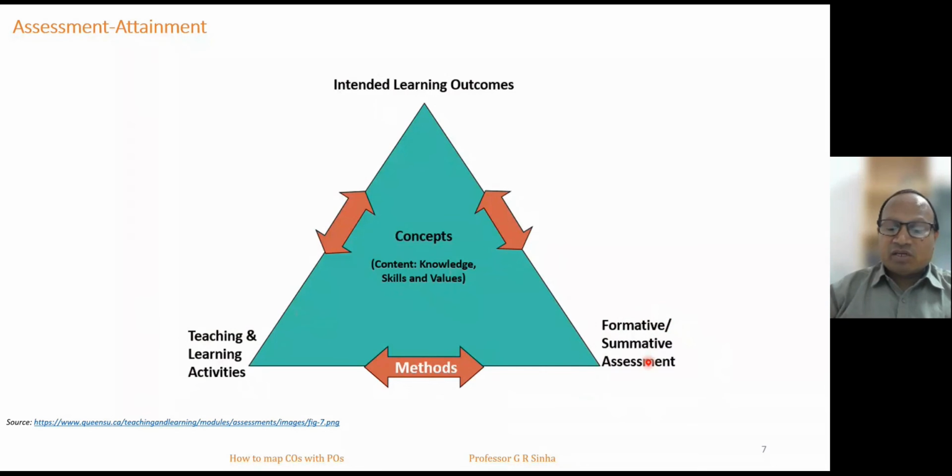The teaching learning assessment tools, where we are doing tests, quizzes, assignments, projects, seminars, presentations, etc., all these assessment methods may fall under either formative or summative. So we can do it either in a formative manner or a summative manner.